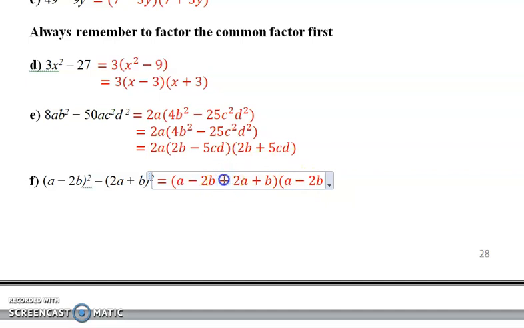I'll do the minus because I was doing that at first. Minus bracket 2a plus b, and then the a minus 2b plus bracket 2a plus b.